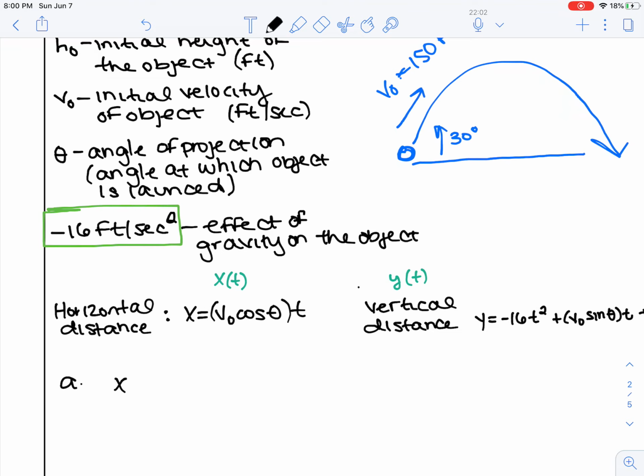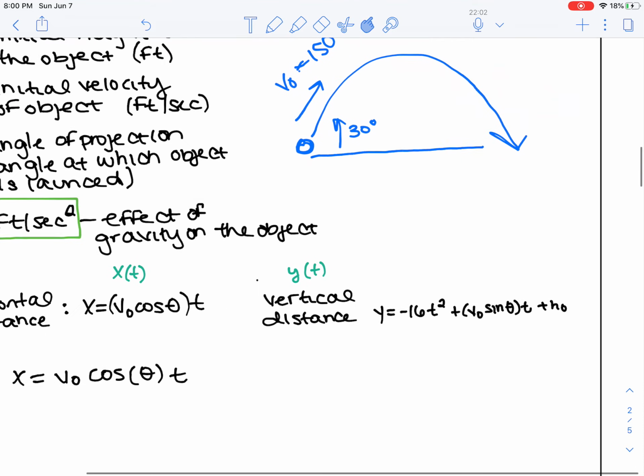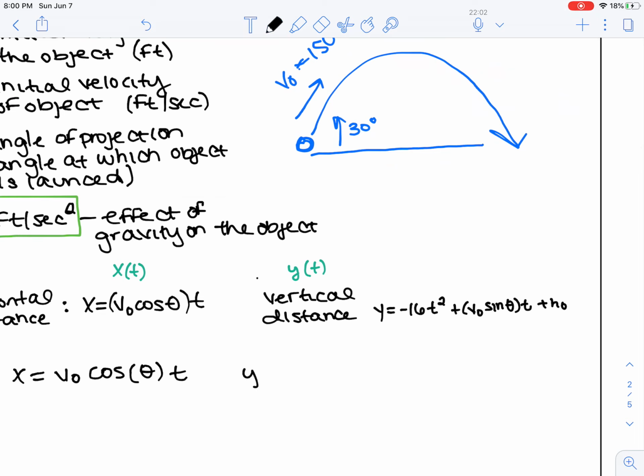This x of t equals initial velocity cosine of theta times our variable t, as well as y of t, which is negative 16t squared, plus initial velocity sine of our angle of projection times t, plus our initial height.